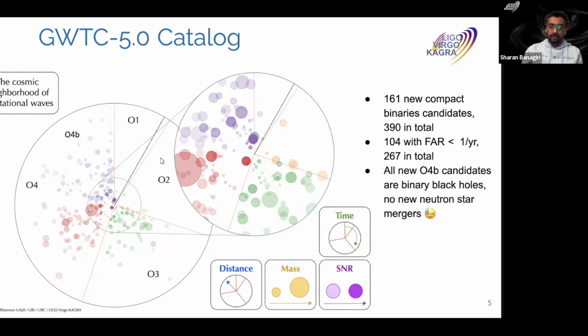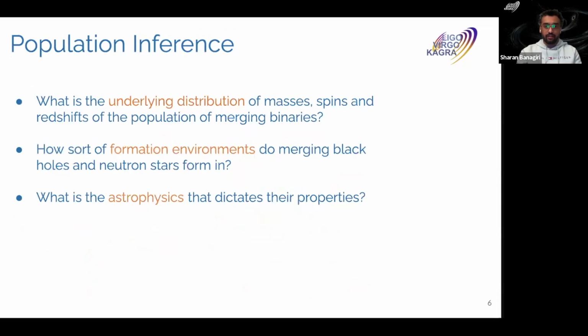And as I said, previous webinars over the week and the week before have gone into more detail on the nature of the catalog itself and on particular events that have very interesting properties. For the paper that this webinar talks about, we are interested in understanding the astrophysical implications of this gravitational wave catalog.